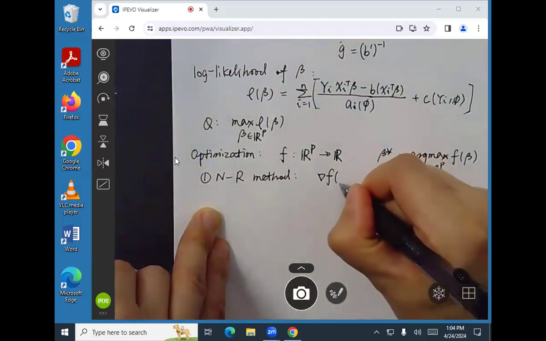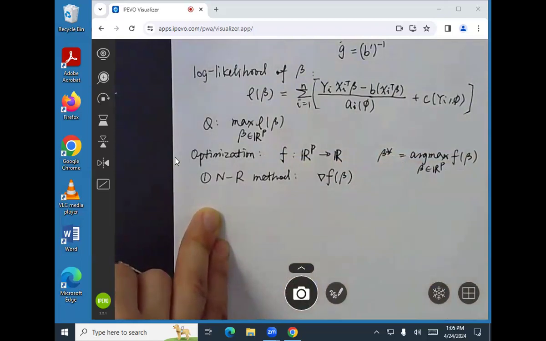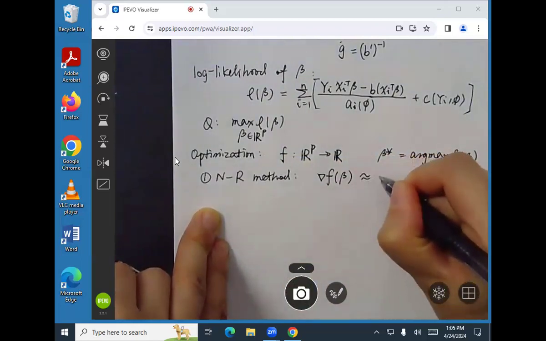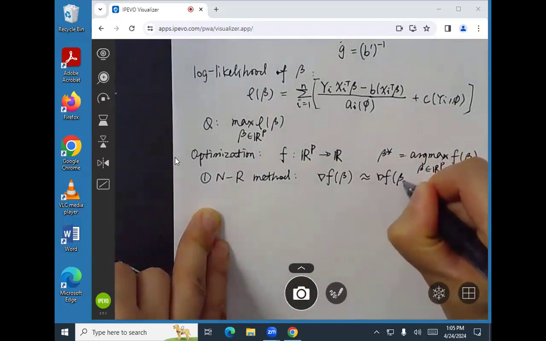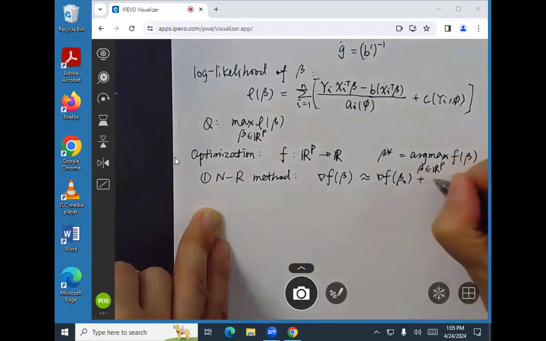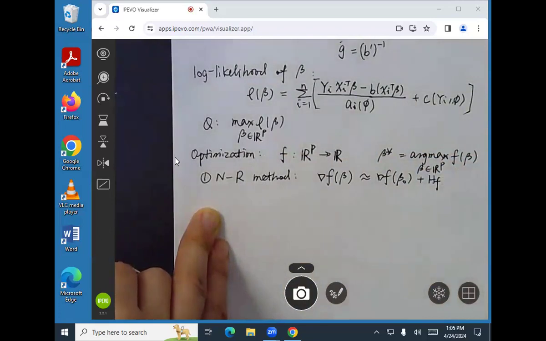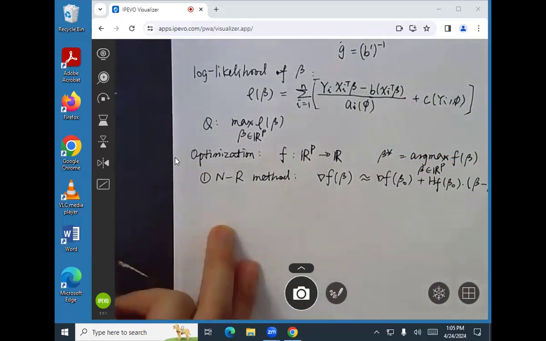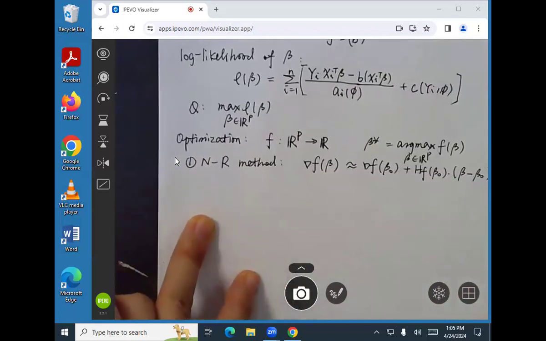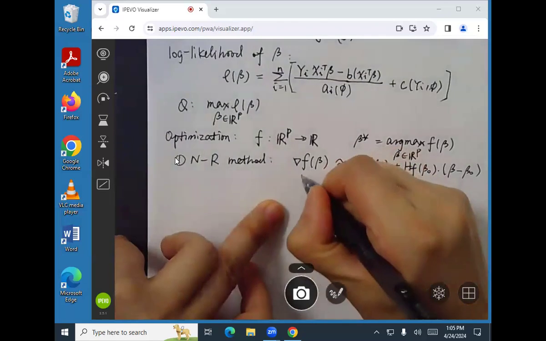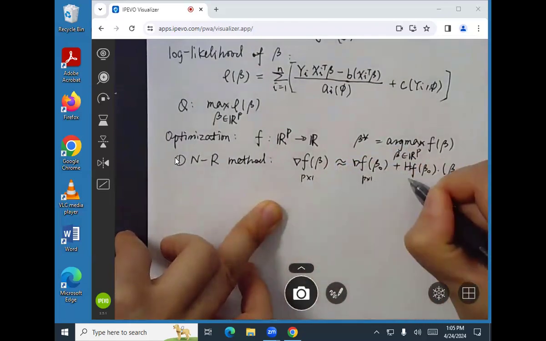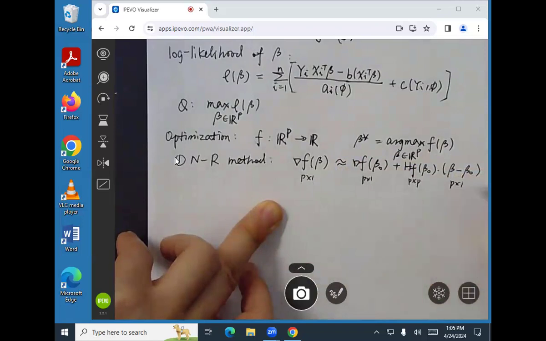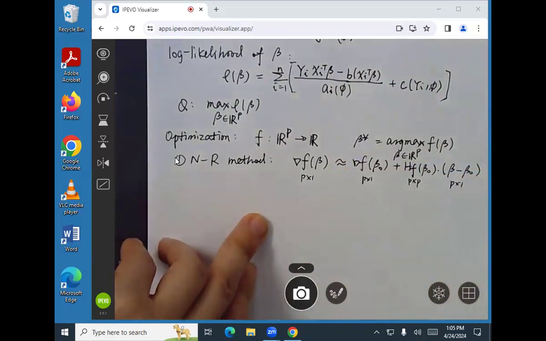So we are basically saying that the gradient of f at beta can be approximated by the gradient of f at the current value beta 0 plus the second derivative in matrix form, the Hessian matrix at beta 0, times beta minus beta 0. So everything here is vector or matrix, right? Especially this is p by 1, this is p by p, and this is p by 1. That's the dimensions of these terms.